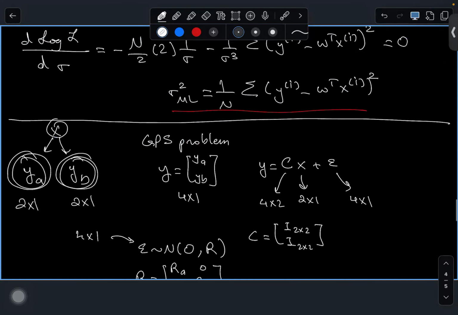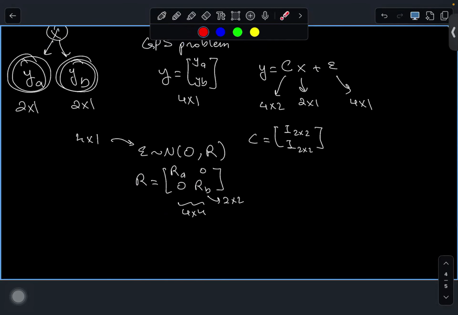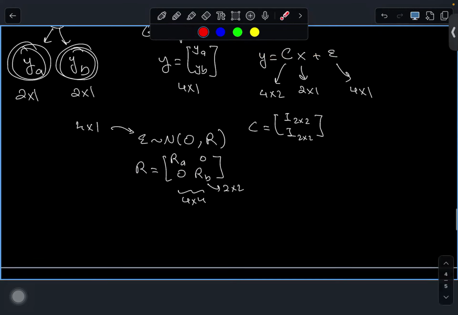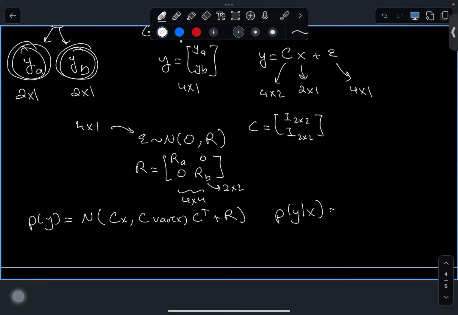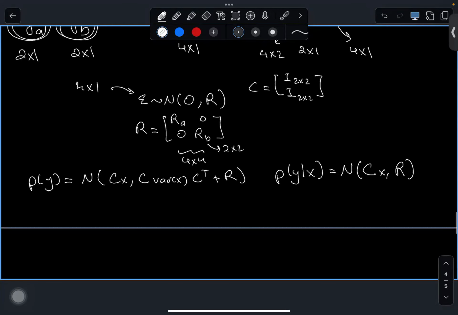So, okay, let's go back to our model. So here's our model. Let's write down what's P of Y. It's a normal distribution with mean Cx and variance C, variance of X, C transpose plus R. Probability of Y given X, that's my likelihood. That's a normal distribution with mean Cx and variance R. Okay, so probability of Y given X is a multidimensional Gaussian now.